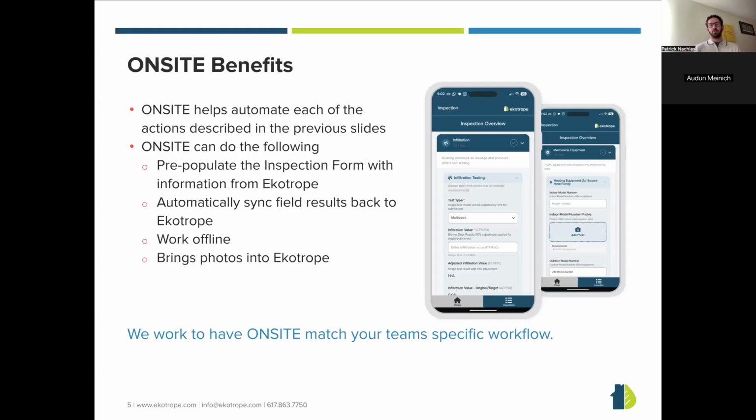So that's what we mean when we say OnSite is integrated with Ekotrope Rater. It takes information out of the projected model, you fill it out, and then it sends it back. And then it can also connect with your project management tool, and we'll get into that a little bit later in terms of how it works with scheduling.